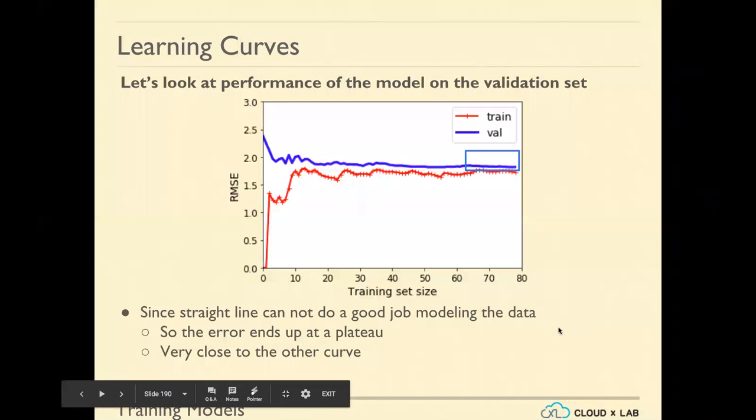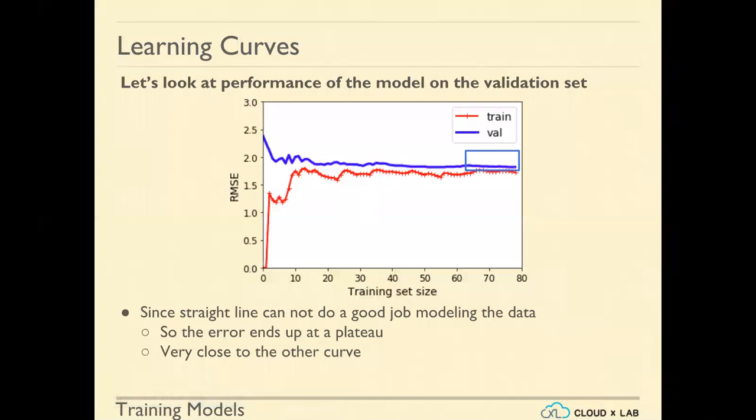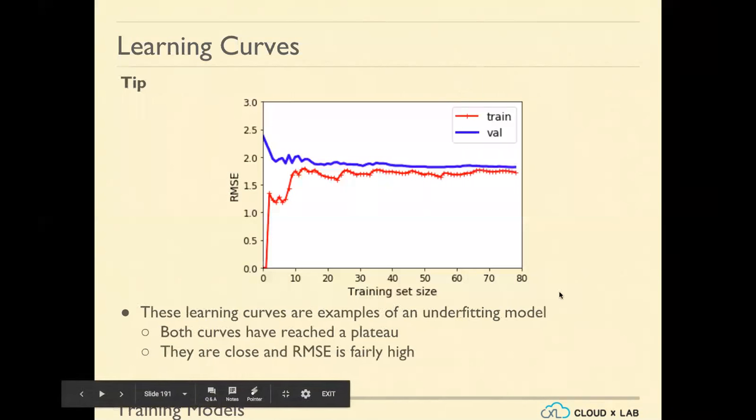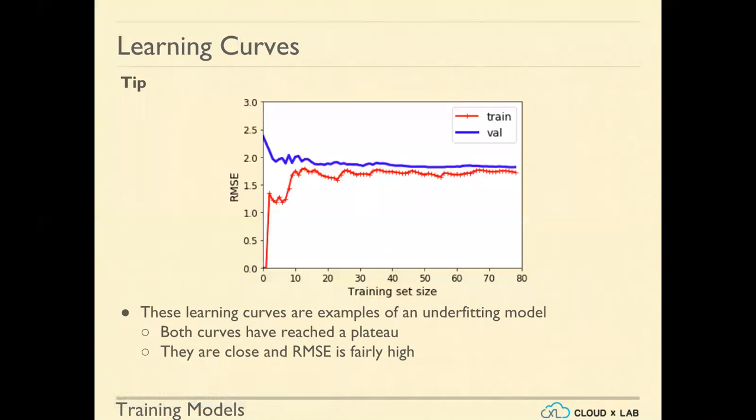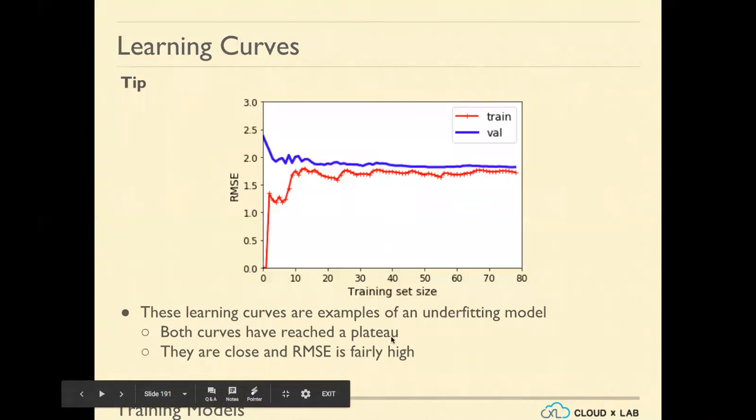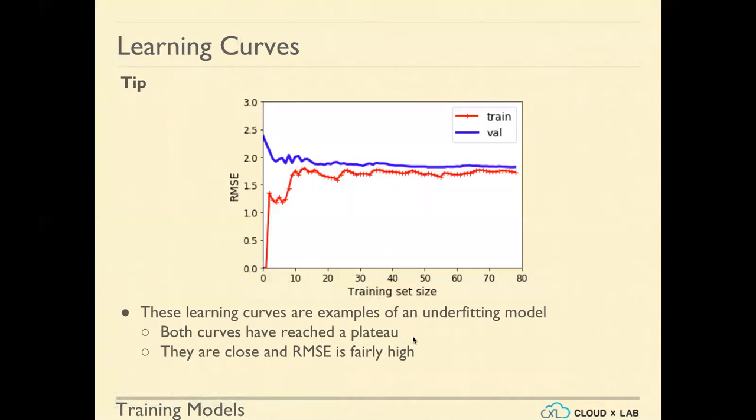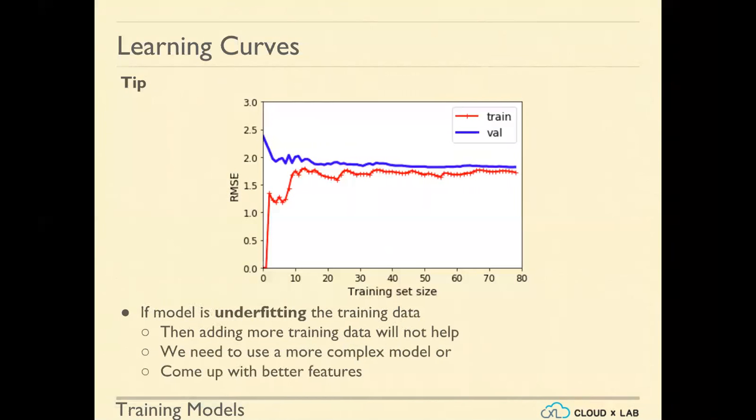The root mean square error, RMSE, in case of training as well as testing is quite high. Now, moving ahead. These learning curves are an example of an underfitting model. Both curves have reached a plateau and they are close, both at a stationary level, but the error is still quite high. So this is underfitting.